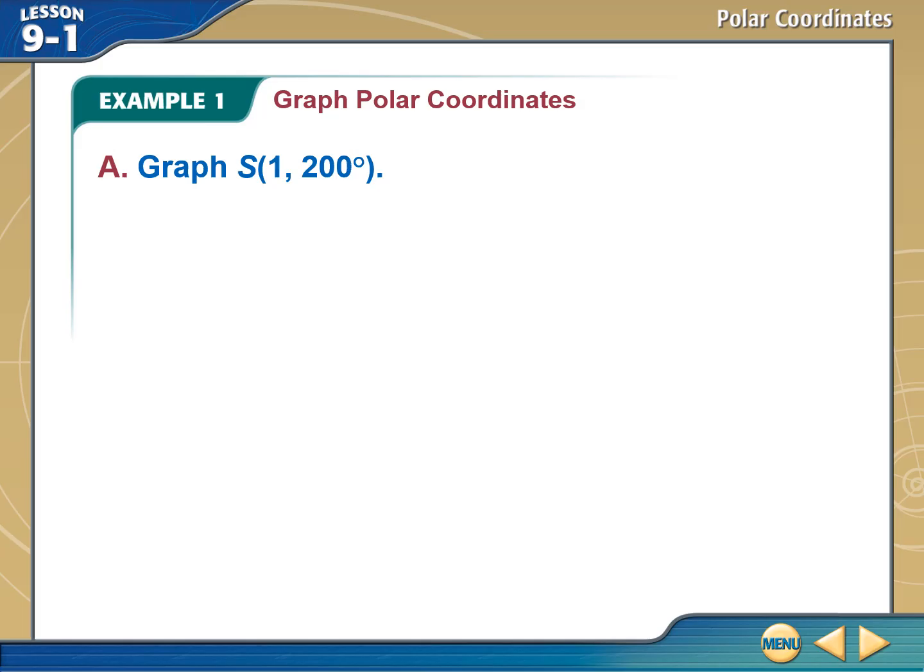Let's try one more, graph the point 1 and 200 degrees. First of all, I will show you how to make this one. Where is the pole? Here is the pole. From the pole, sketch a ray on the polar axis, a straight line on the horizontal axis. Now 200 degrees.